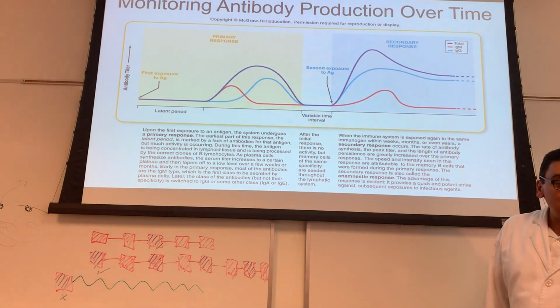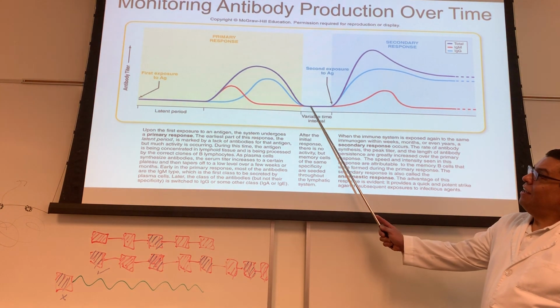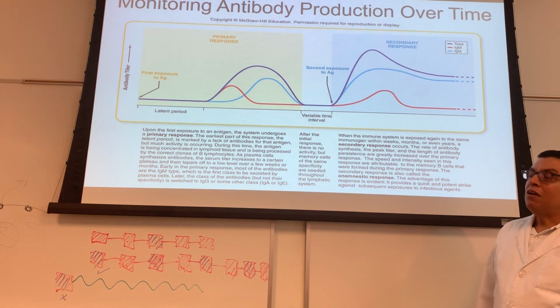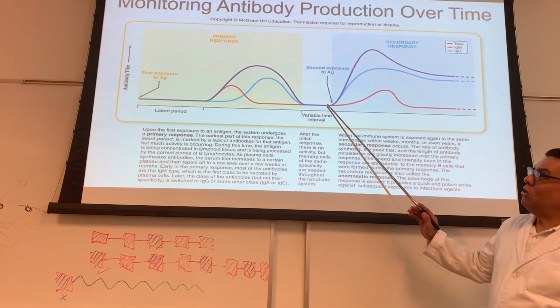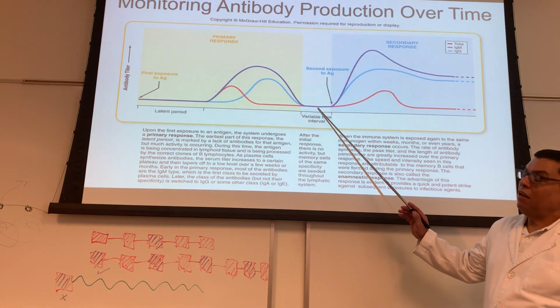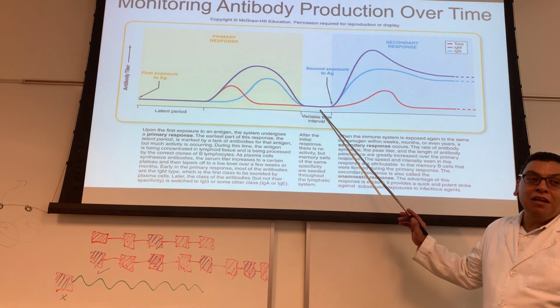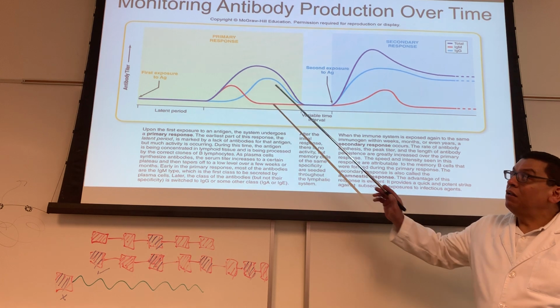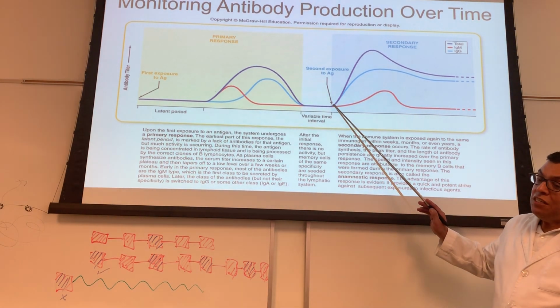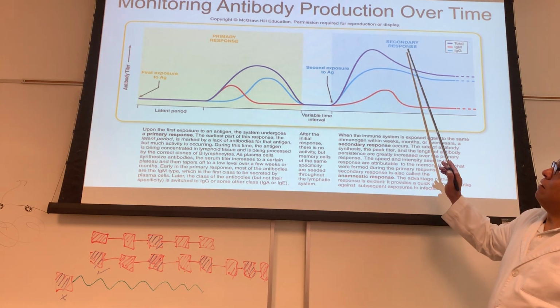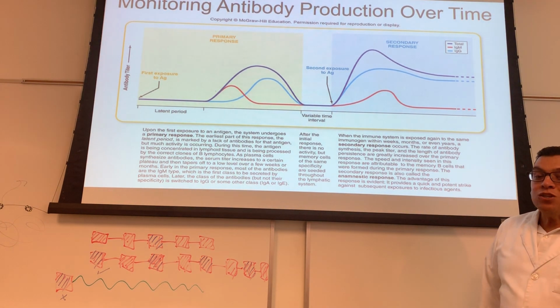And those memory cells will come into play the next time you see the same antigen. The next time you see the same antigen, look, the latent period, if any, is much smaller. You don't get sick really, it may be a little bit maybe, but not as bad as this one, because you've seen it before.